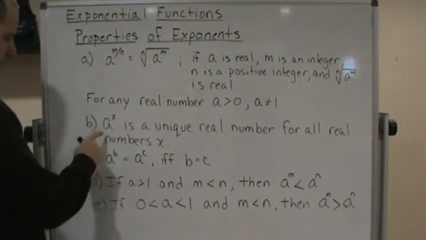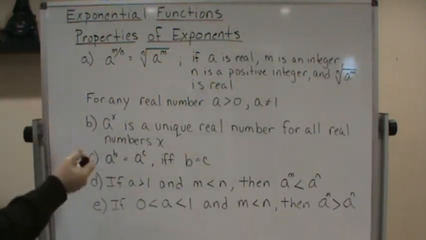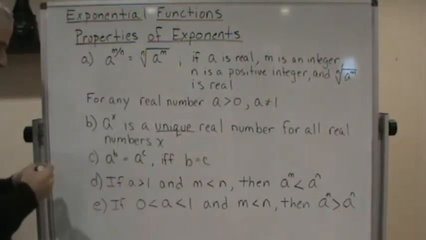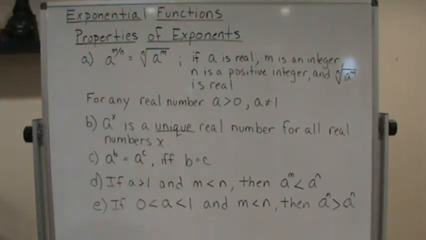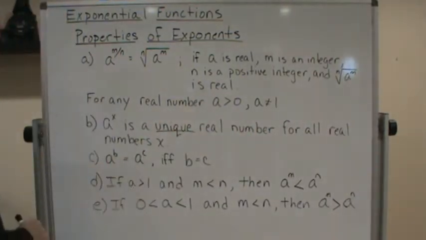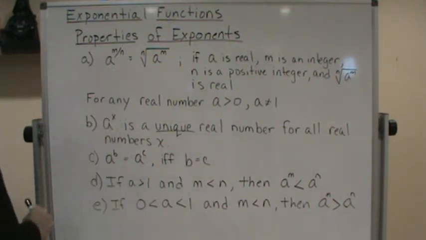B says that a to the x is going to give us a unique real number, which means there's only one, for all real numbers x. So for every value of x, it's only going to give us one value of a to the x, which means that this is going to define a function.